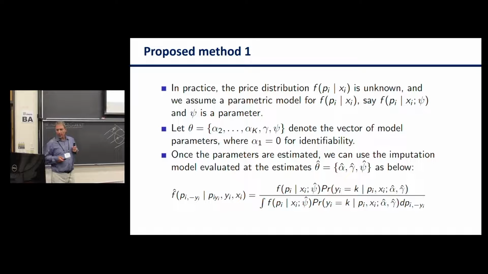We assume that there are certain distribution parameters, and we want to estimate those parameters based on the model. So we have these observations based on the demand model, and in addition to the model parameters, we have parameters of the price distribution that we want to estimate as well.